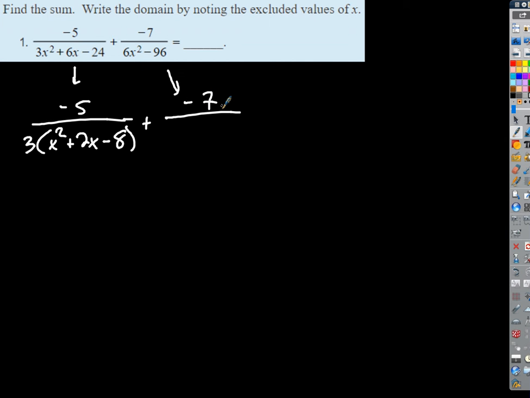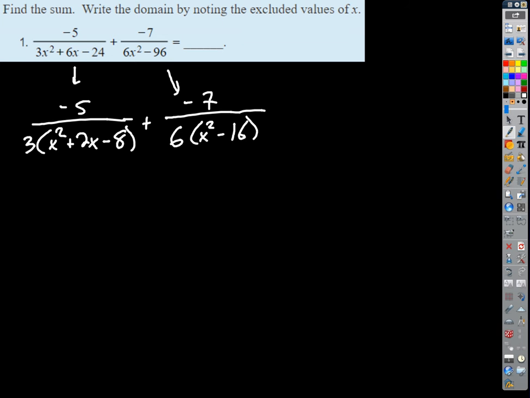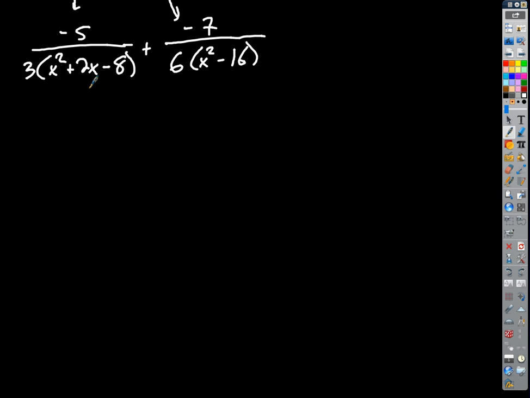Take a 6 out, okay. 6, and I'm left with minus 16. 16, of course. Okay, and I can go a little further with each of those. On this one, negative 2 and 4.